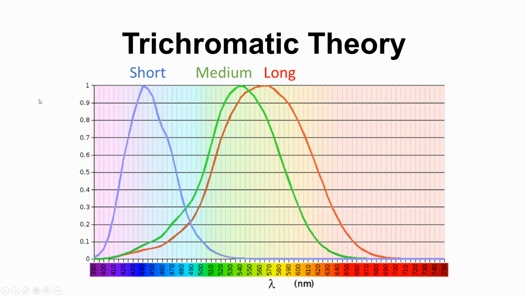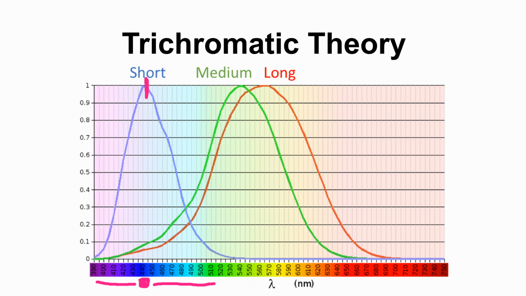So this is saying that our short or blue cones would respond really, really well in the range of about 440 or so, and it would continue responding, but less so, a little bit below and a little bit above. So we'd get the most responding at the peak here, and then it would taper off to the left and to the right.